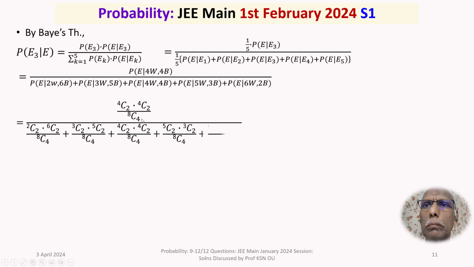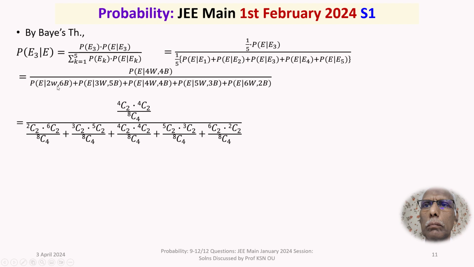Out of that, the outcome should be 2 white and 2 black. So 2 white is 4C2 multiplied by 2 black is 4C2, divided by 8C4.